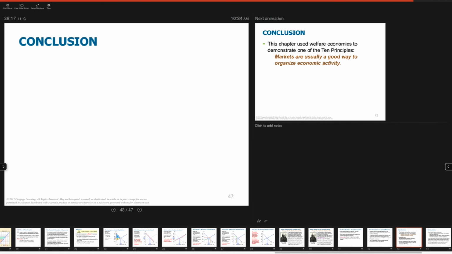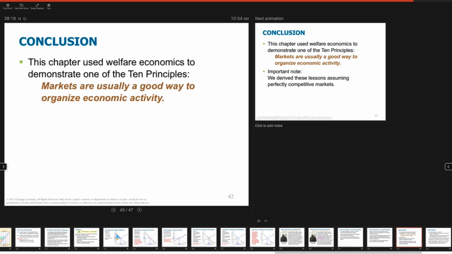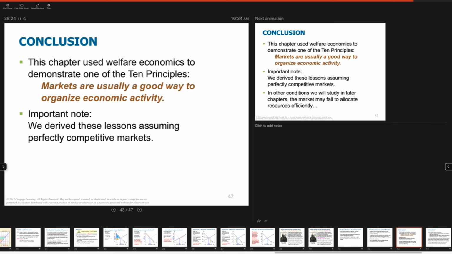So in the end, markets are a good way to organize economic activity. We looked at this using only perfectly competitive markets, because the minute we start looking at other kinds of markets, you're in much higher level economics, and we start having to implement calculus. And nobody wants that.